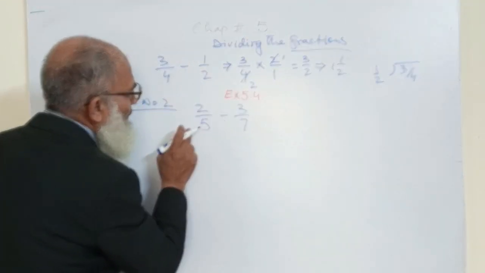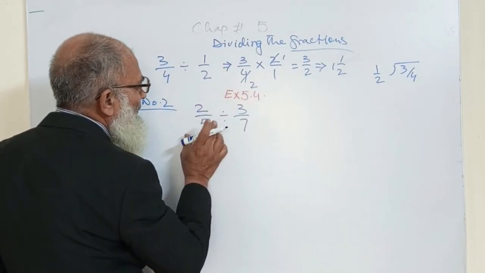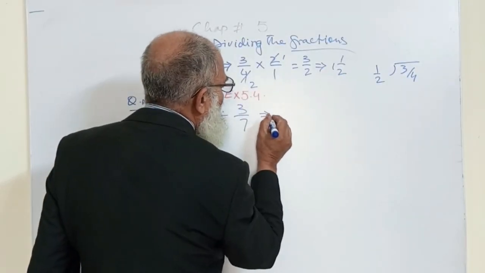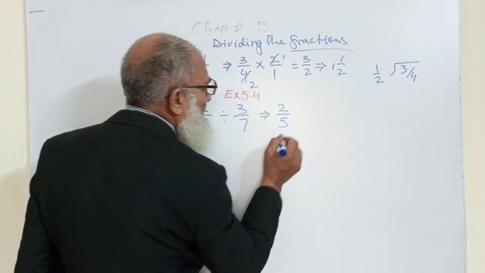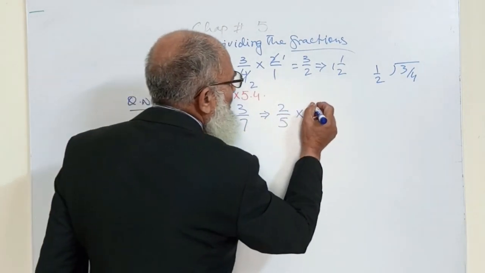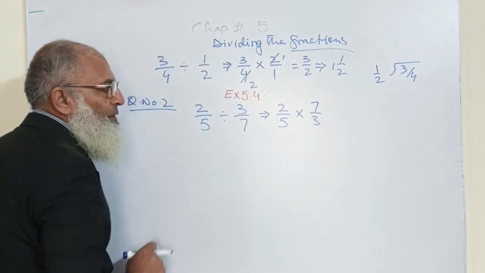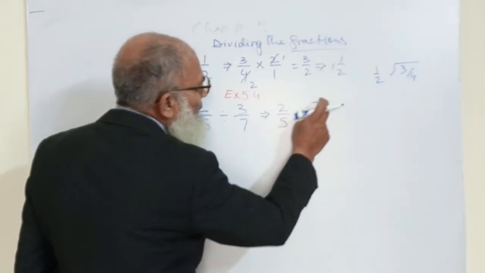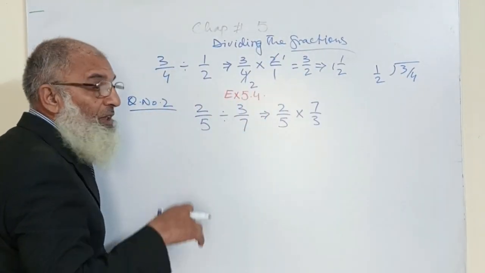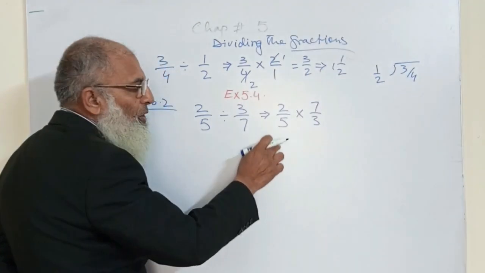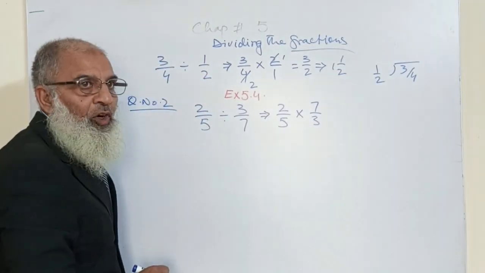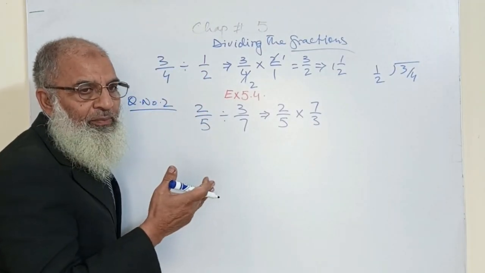Okay, now what was our theory behind that? You change the sign of division into the sign of multiplication. So the first fraction will remain as it is, change the sign of division into multiplication, then flip over the other fraction. Now if these are being crossed or divided by each other, do it, or let it remain as it is, because all the four numbers are prime numbers.